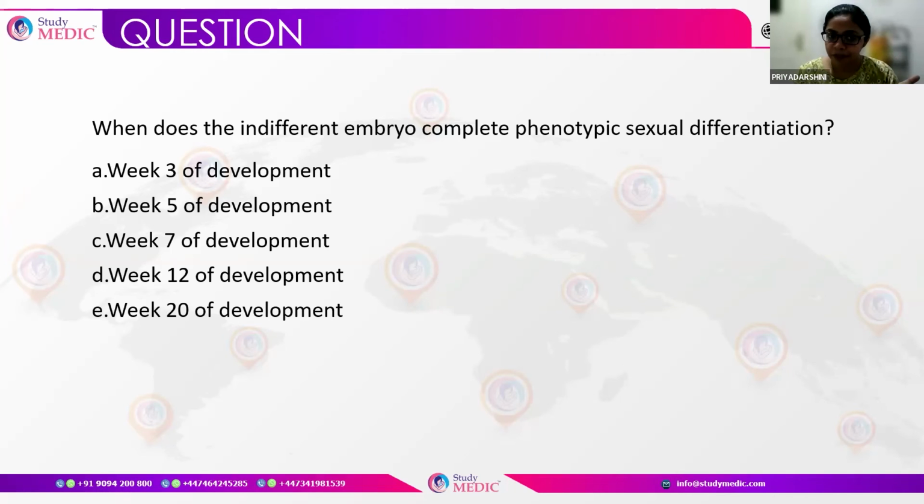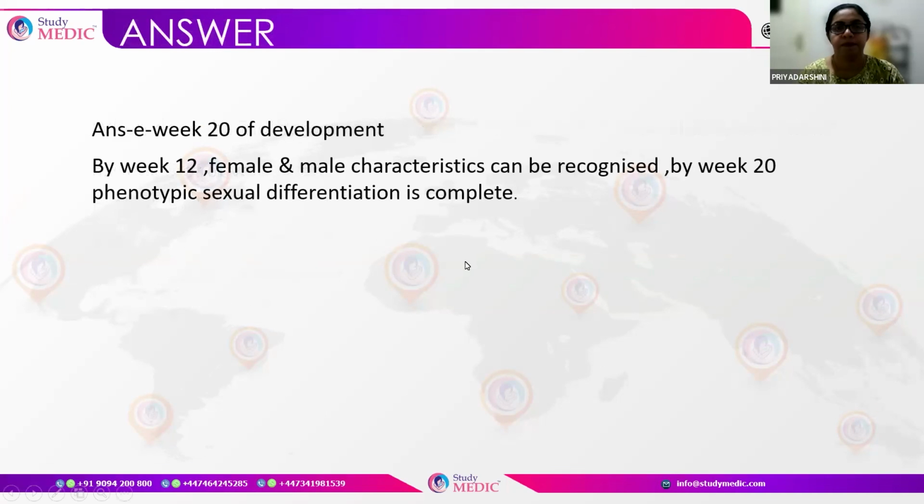Week 5, it is indifferent. Week 7, the differentiation starts. Week 12, the differentiation is completed. However, the clinching point or the buzzword in this particular question is phenotypic sexual differentiation. So phenotypic sexual differentiation, as I already mentioned, gets completed by week 20 of development.